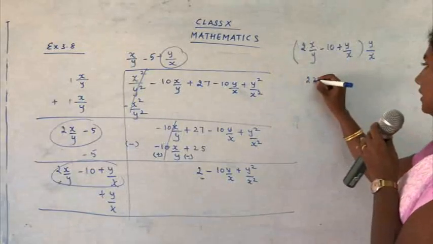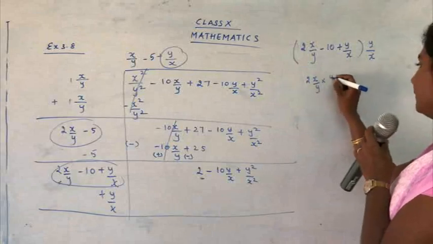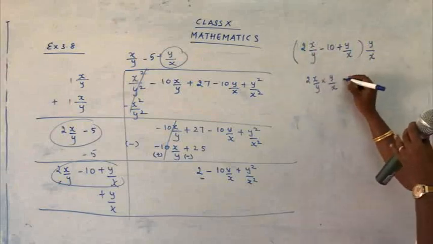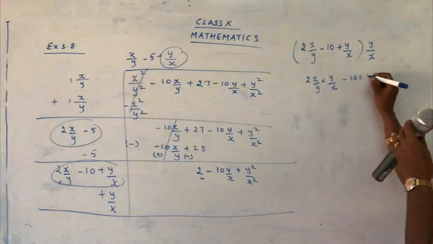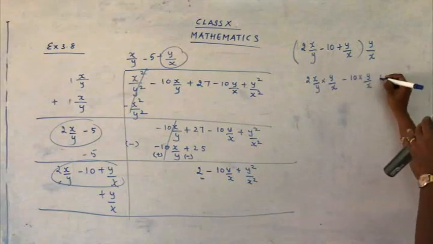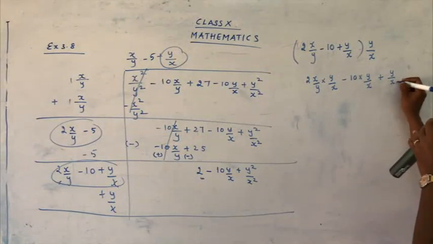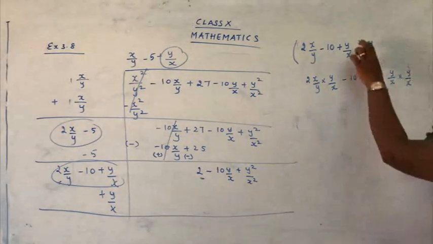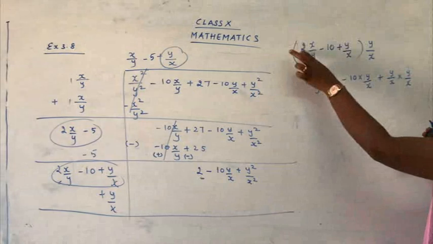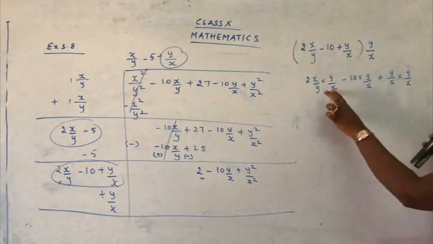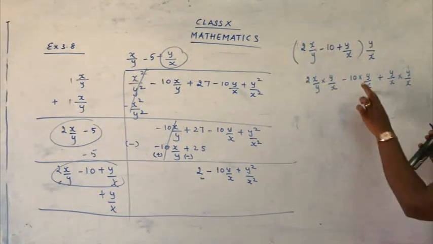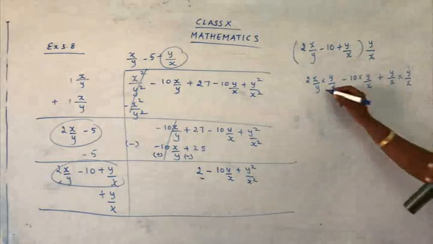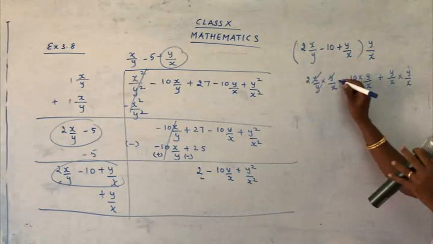It's 2x upon y into y upon x. Y upon x goes to all the terms. Minus 10 into y upon x plus y upon x into y upon x. Are you clear with this expansion, children? Y upon x is given to all. 2x upon y into y upon x minus 10 into y upon x plus y upon x into y upon x. So y gets cancelled, x gets cancelled.